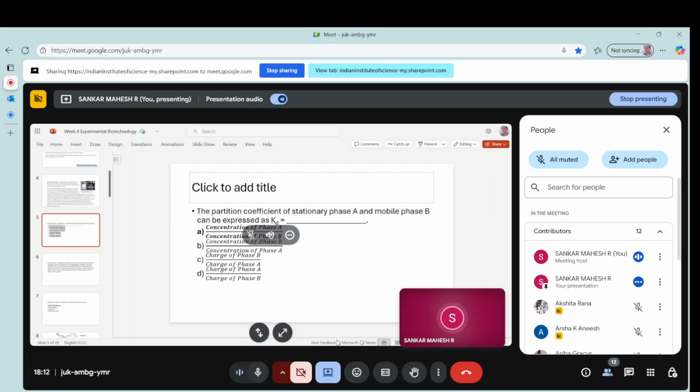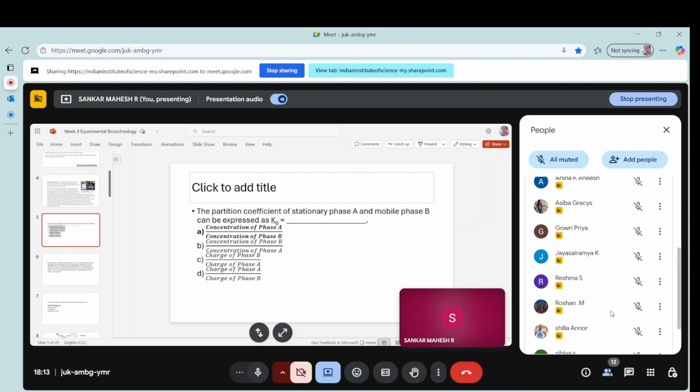So whoever knows the answer for this question, what partition coefficient is, you can start by unmuting. You can think for a couple of minutes and then unmute.